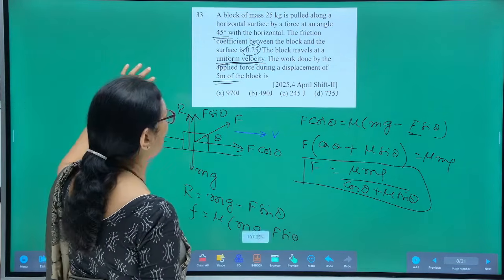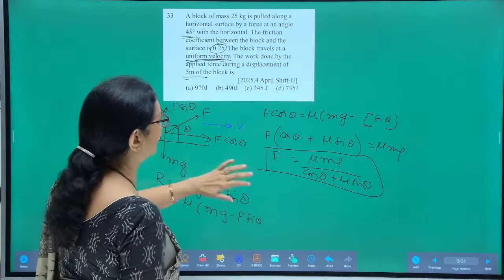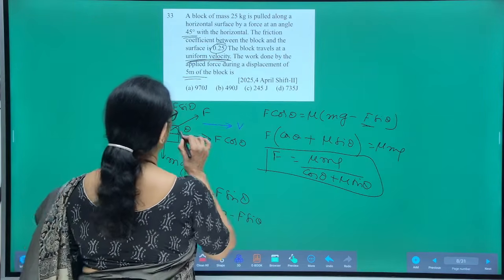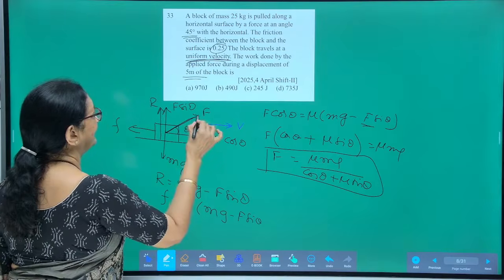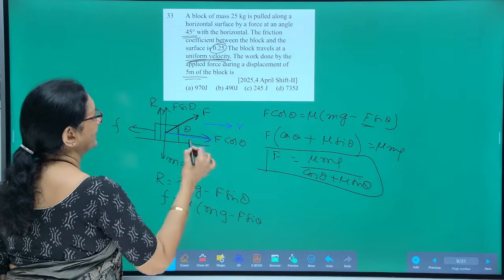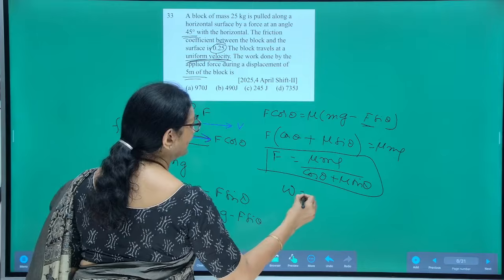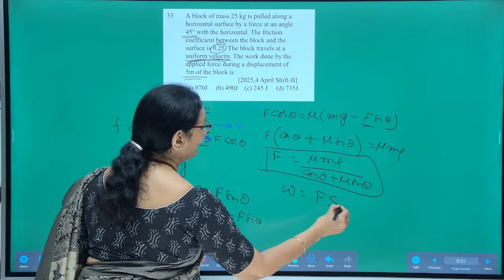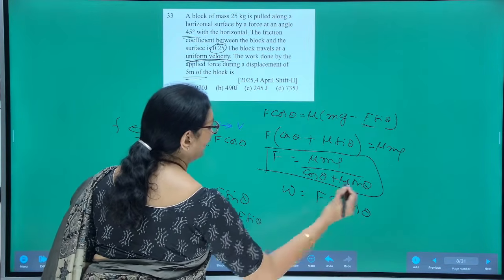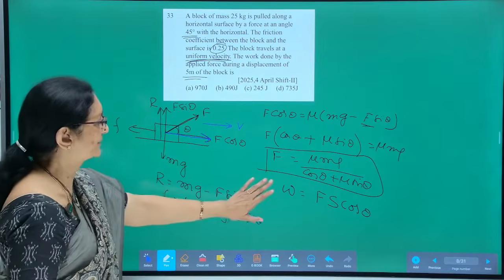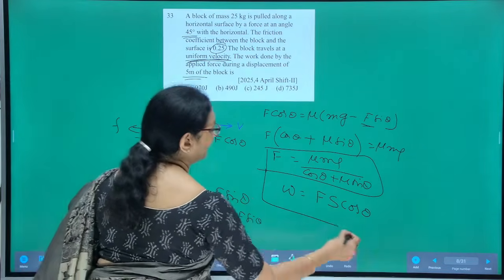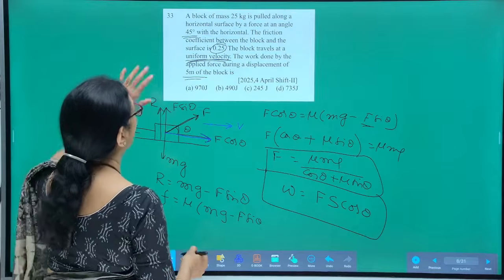Now, in the question, what is asked is the work done by this force. So, here force is applied in this direction, displacement is in this direction, work done is equal to F s cos theta. Now, our job is to substitute the values given in this problem.